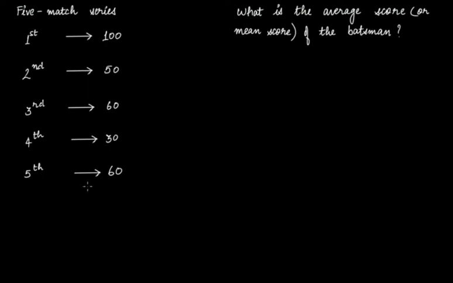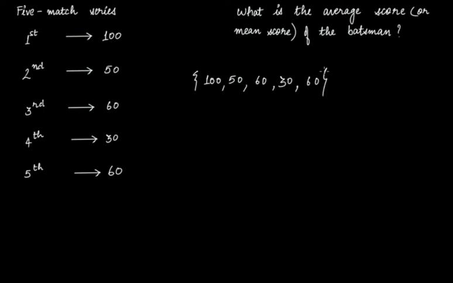What about this one? Again, for a moment, forget this one. So 5 match series: in the first match you score 100, then in the second match you score 50, then 60, then 30, then 60. So if this is represented by a data set as 100, 50, 60, 30, and then again 60, what will this data set tell anyone, even you also?